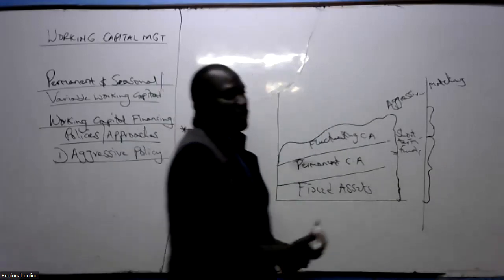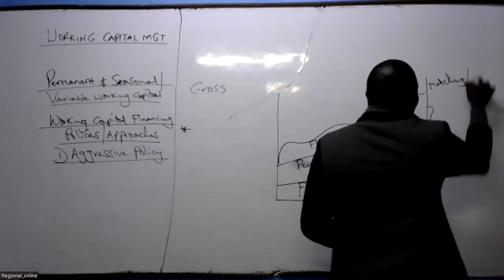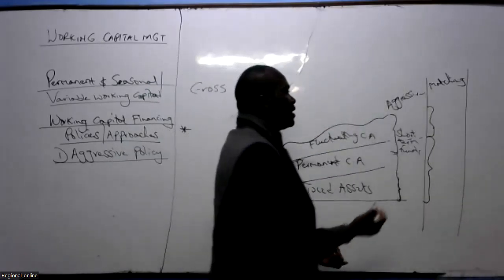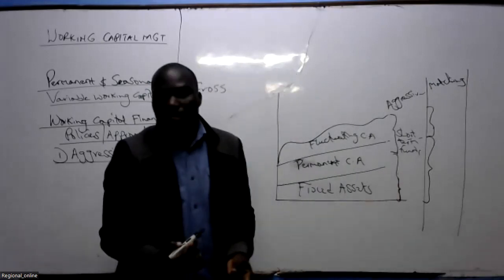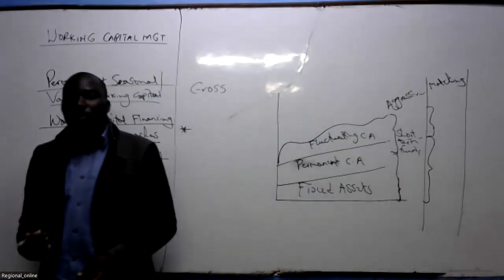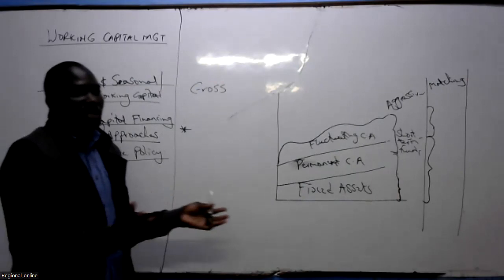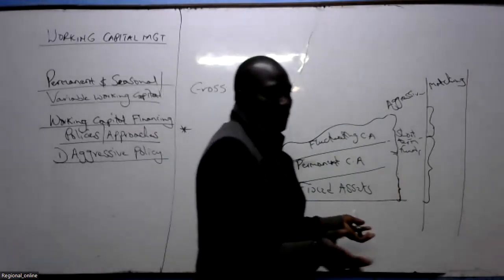Then we go to the last one, which is conservative. So conservative, we fear risk. We would rather go in for the long-term funds because there's no risk of being asked to pay immediately. A conservative person, somebody who fears risk, will go in for a loan of 10 years, knowing very well that they have 10 years to organize themselves.